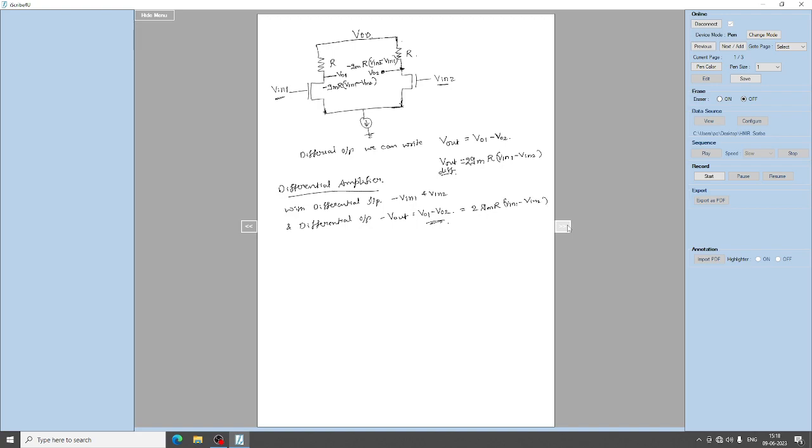So this is the differential amplifier circuit for you, right. Yeah, thank you. We will continue again in the next class.